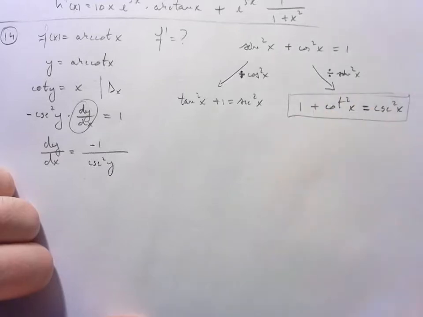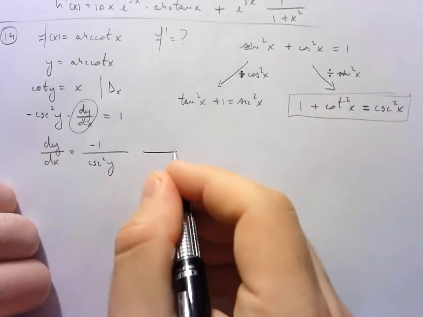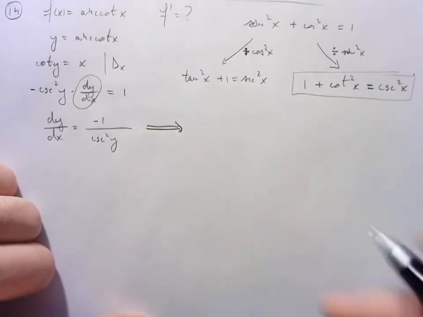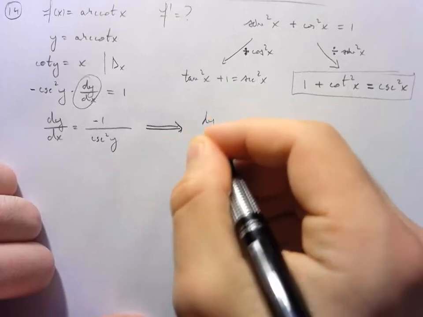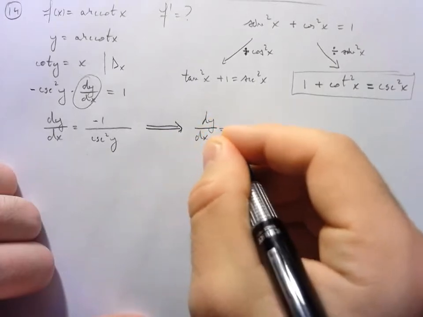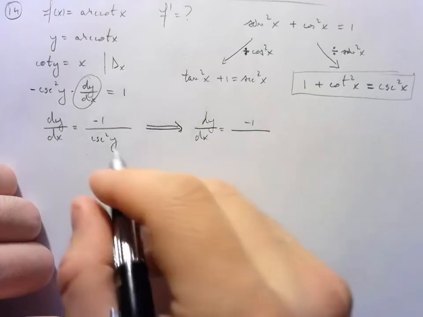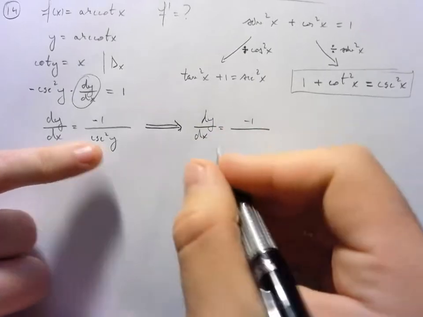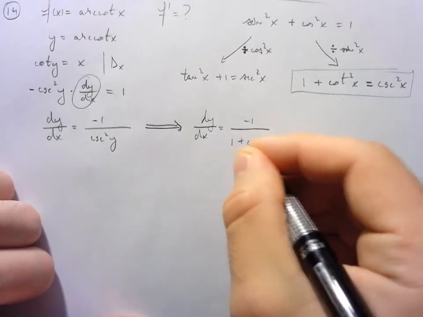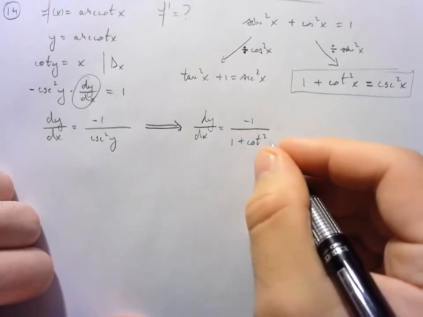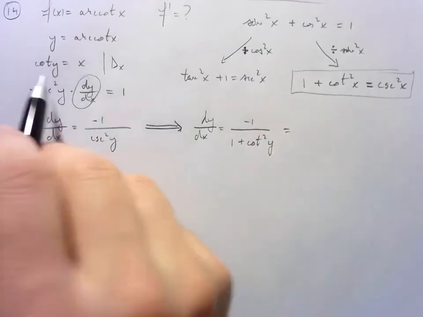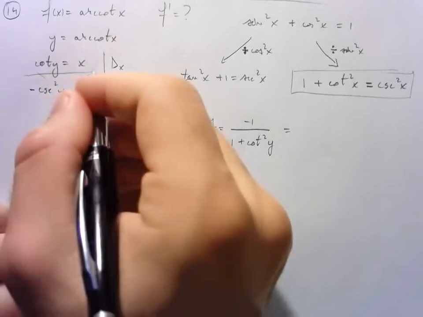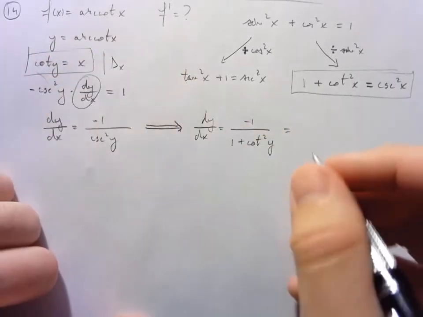So this is the identity that I'm looking for, and when I apply that, what I get is that dy dx is going to be equal to minus 1 over, and now cosecant squared of y is going to become 1 plus cotangent squared of y, but we know that cotangent of y is x, and that allows me to go back to my variable x using this piece right here.